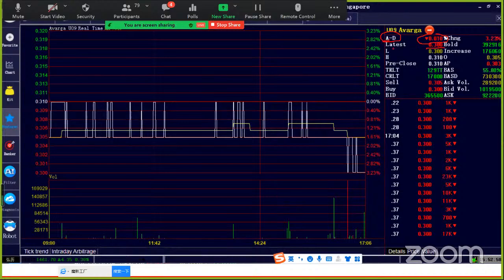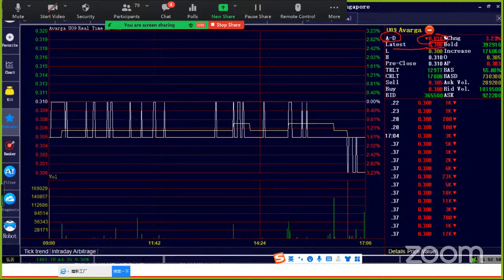That means the last trade price is down compared to the last close price, the closing price of the day before. It dropped by $0.01.